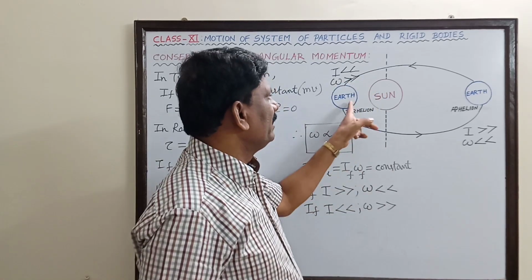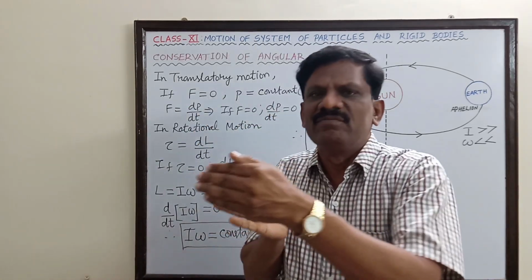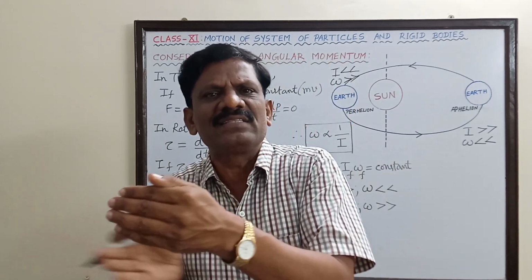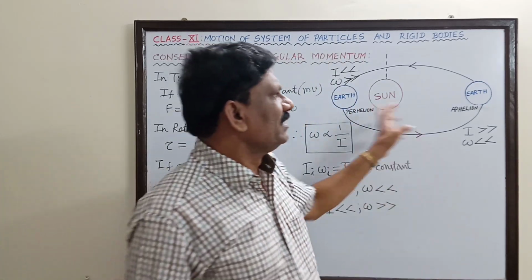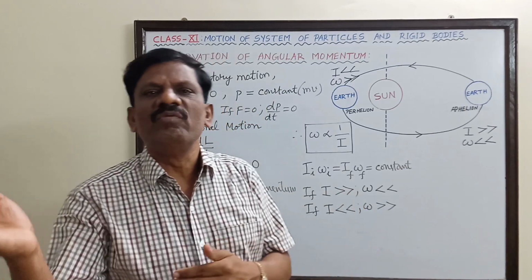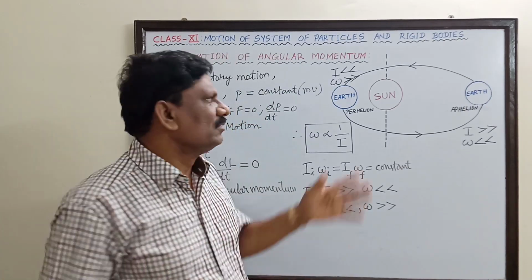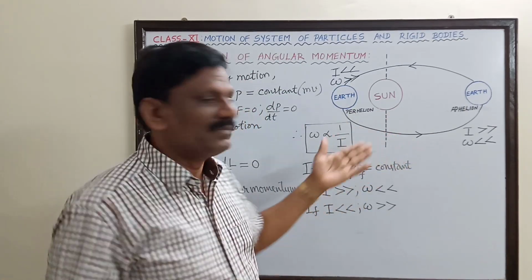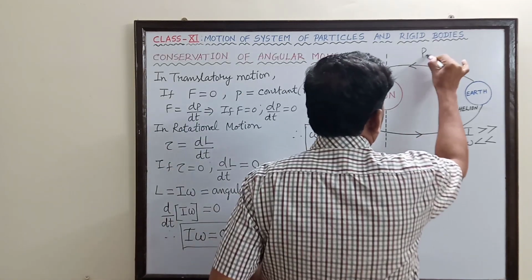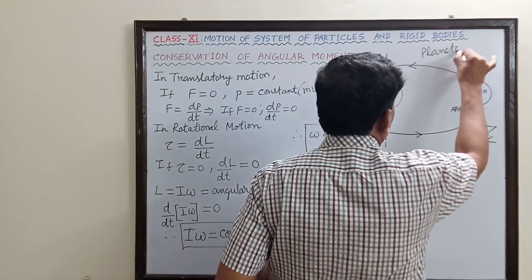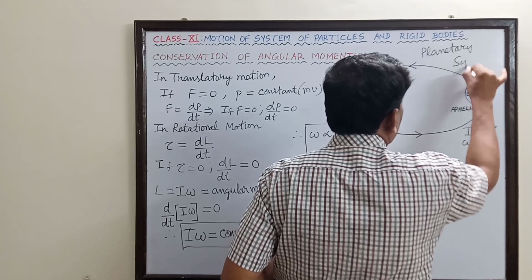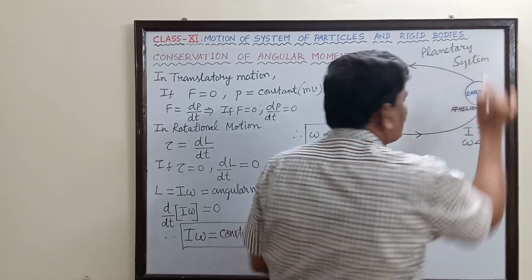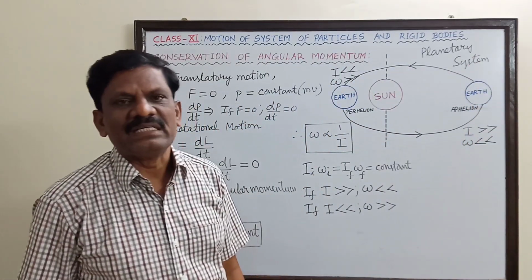Whenever the earth comes closer to the sun, it crosses very fast, and whenever it is farthest from the sun, it moves very slowly. So the planetary system in our solar system obeys the law of conservation of angular momentum.